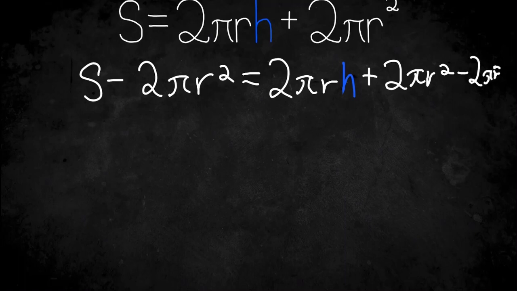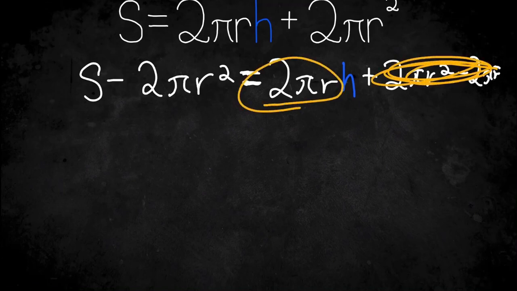Almost ran out of space, right? So with that, this would equal 0, and we're left with 2 pi r h over here. So the next step is, since 2 pi r h is basically just multiplying 2 pi r by h, we're going to divide both sides by that.